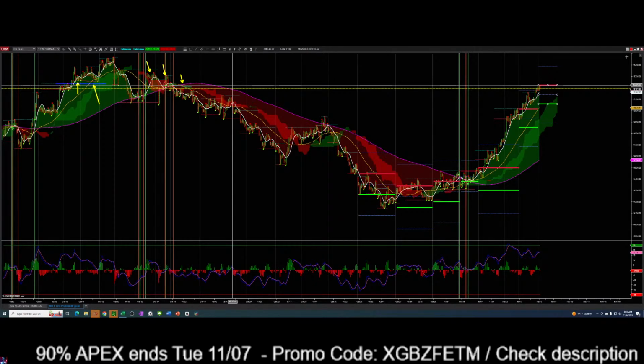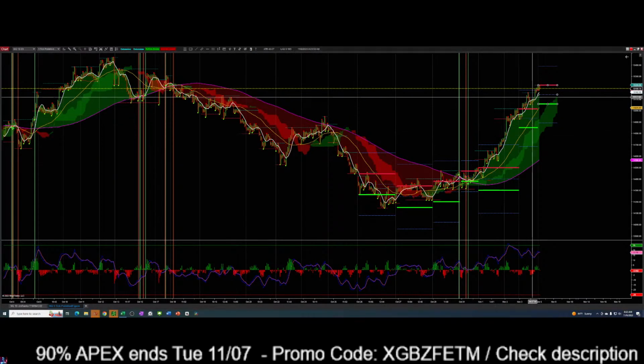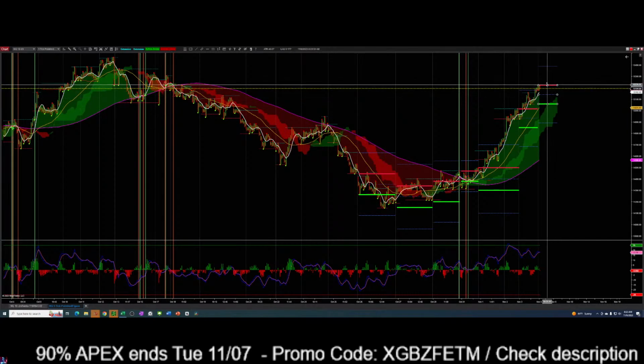Man, it seems that support is right on these two levels there, and resistance is somewhere in between that line. So maybe a little bit above.